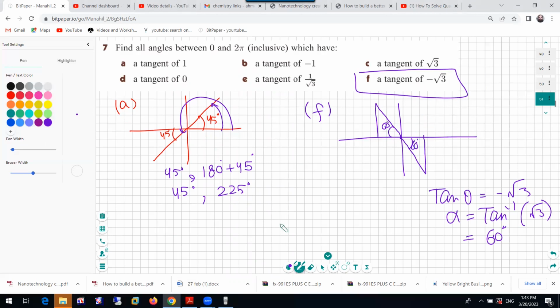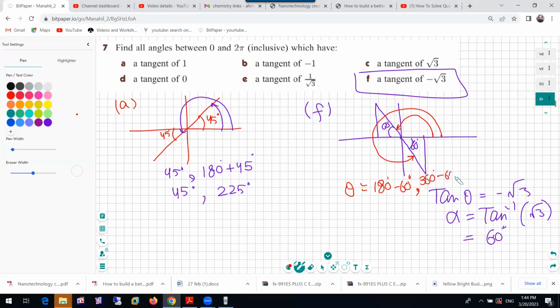So we can easily find the angle. The first angle is this, the second angle will be this. The first theta will be 180 minus 60, and the second will be obviously 360 minus 60.